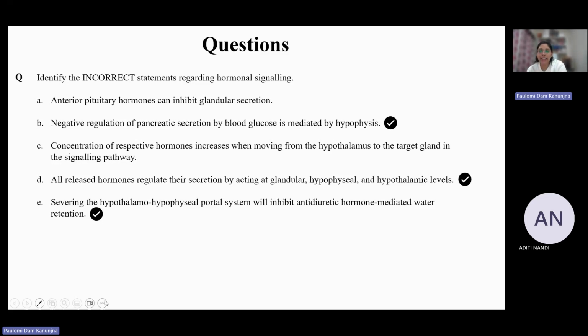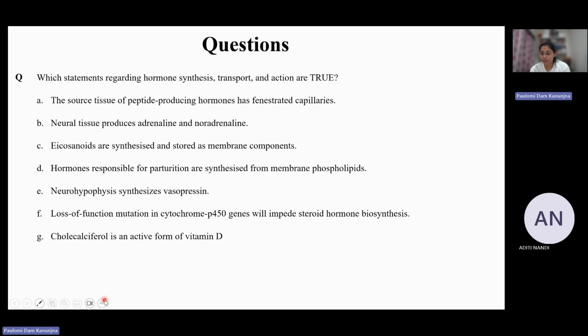Okay, and quickly the last statement for today, last question. This is all these questions. When you revise, it will be easy for you to grasp the topics quickly.